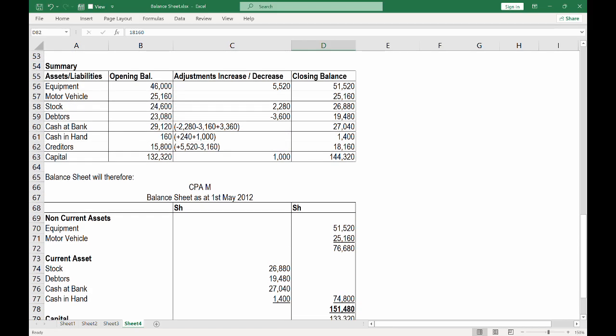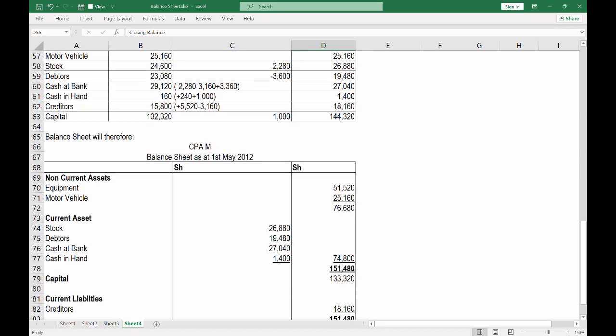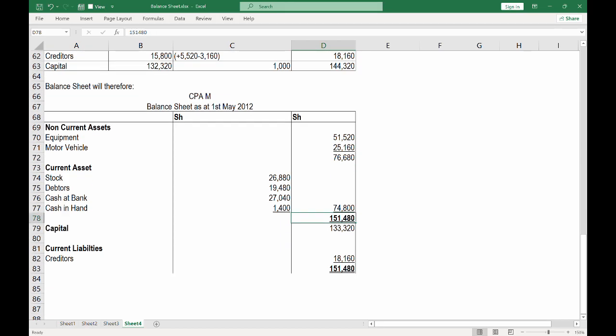And the current liability, the creditors. So the amounts I'm taking here are the closing balances for each. So the assets shall be equal to capital plus the liabilities, which is equal to 151,480.